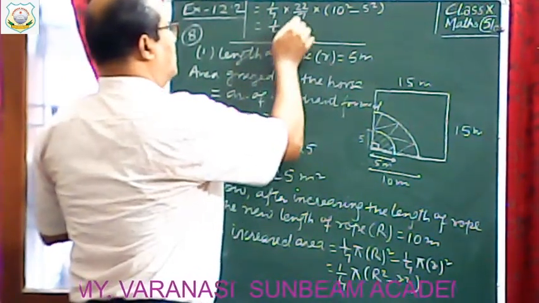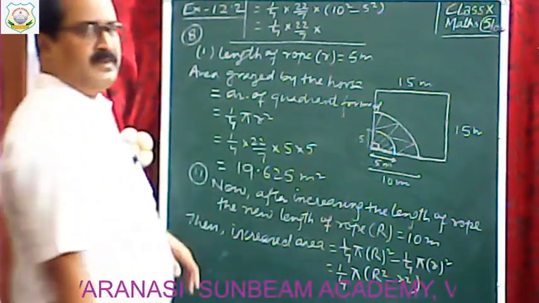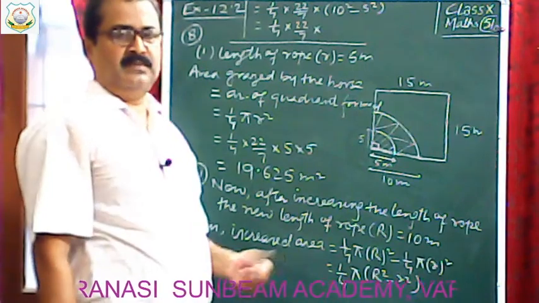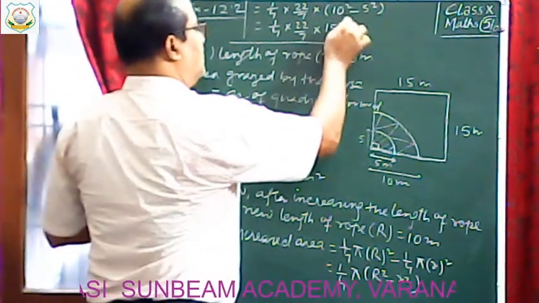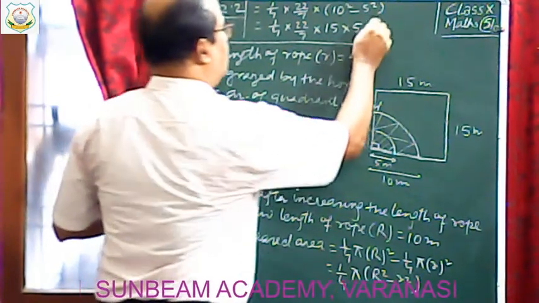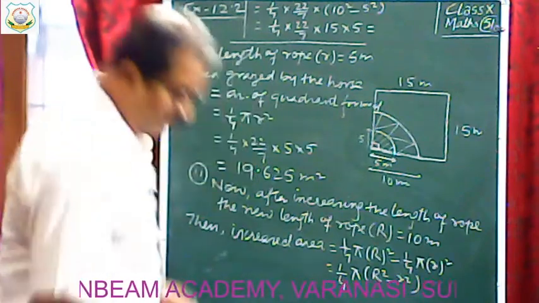Using a square minus b square, 10 square minus 5 square is 10 plus 5 into 10 minus 5, that is 15 into 5. Calculate and write your answer.